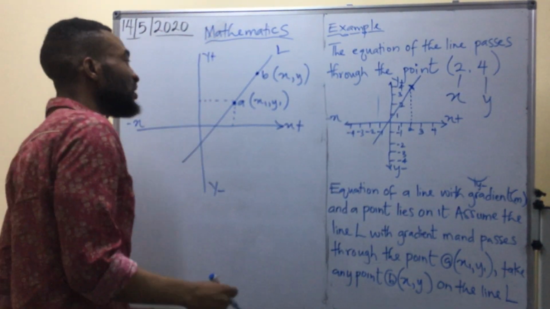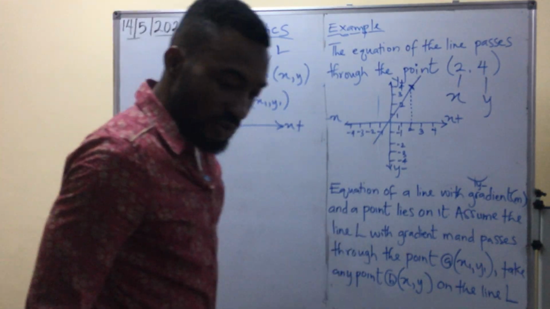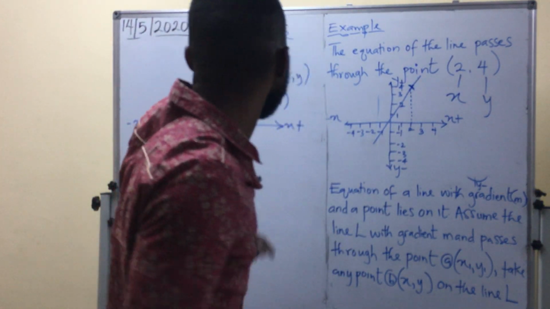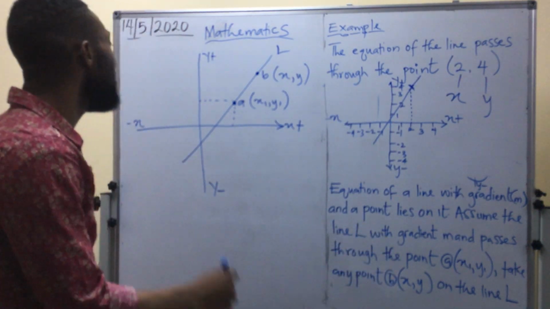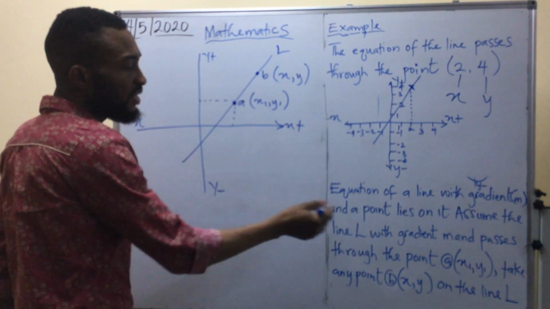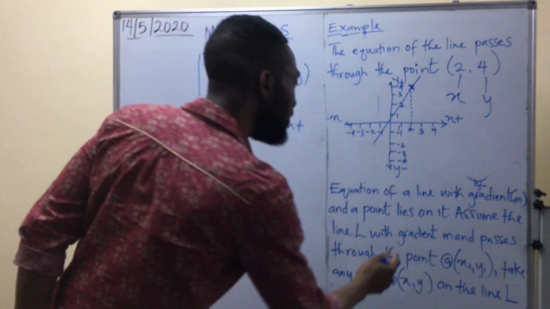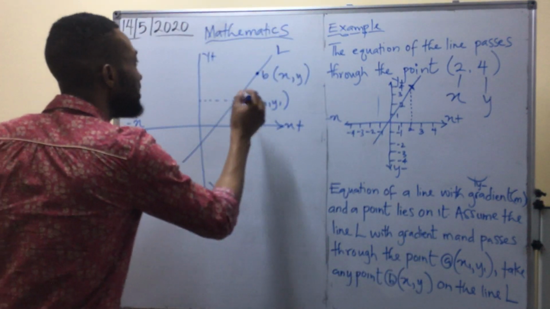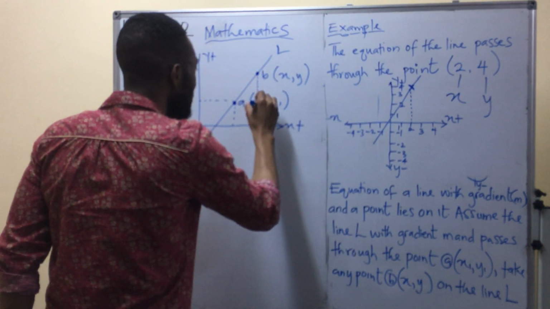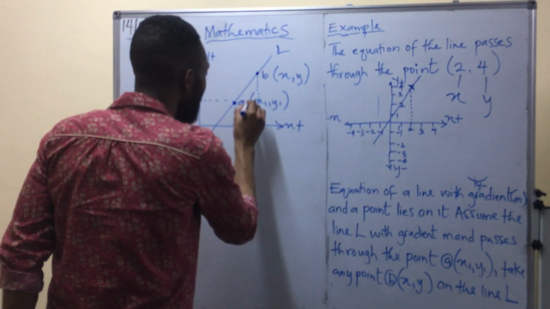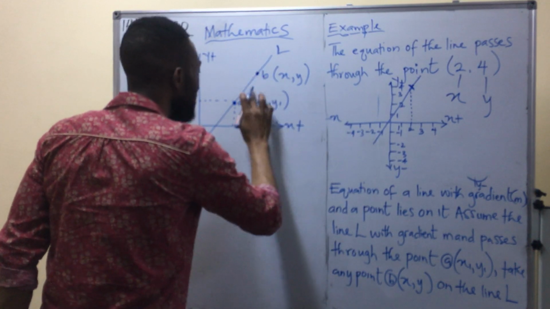So now we have two points. This is what we have been saying. So now, to find our gradient here, which is m, we trace from this point here up to here.